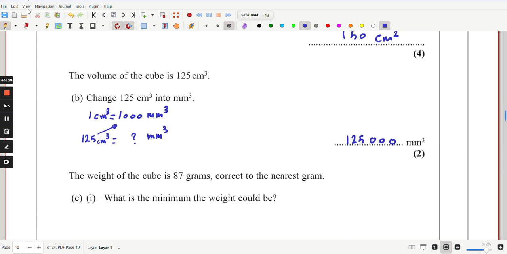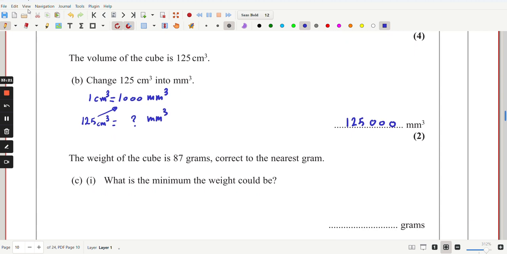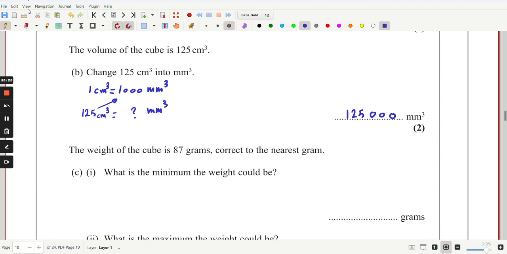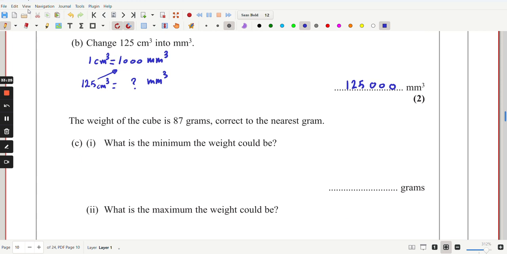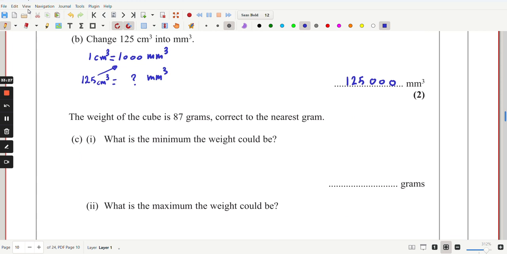The weight of the cube is 87 grams, correct to the nearest gram. Correct to the nearest gram means correct to the units. And actually this question is about upper and lower bounds. What is the minimum the weight could be?